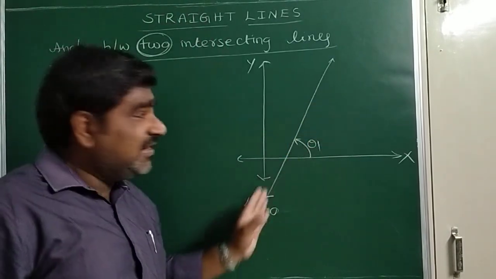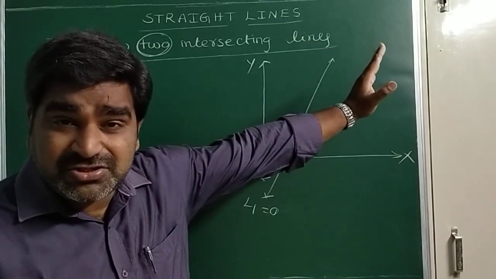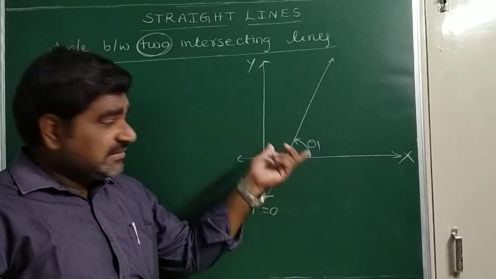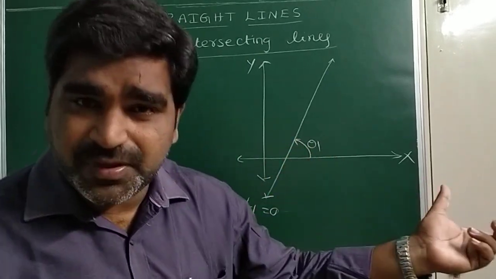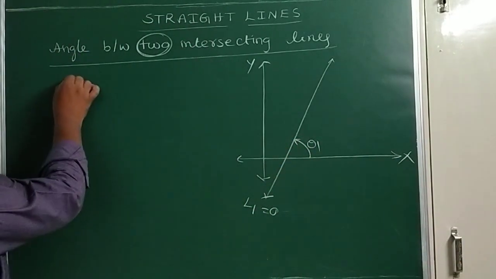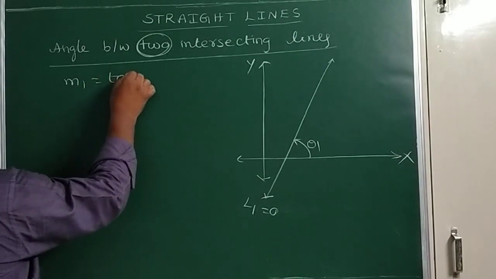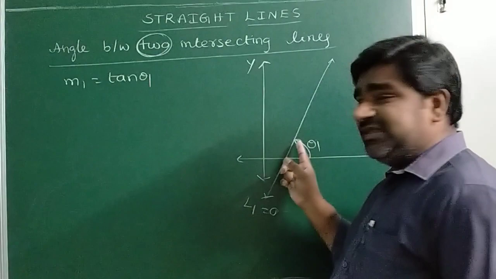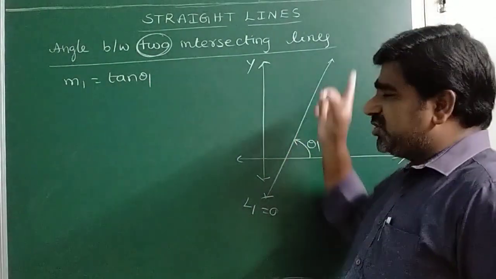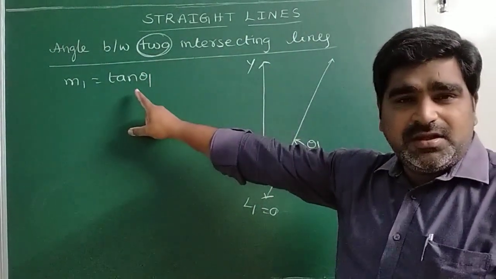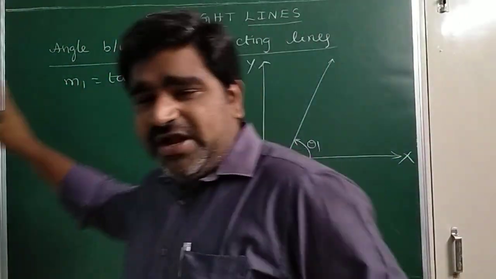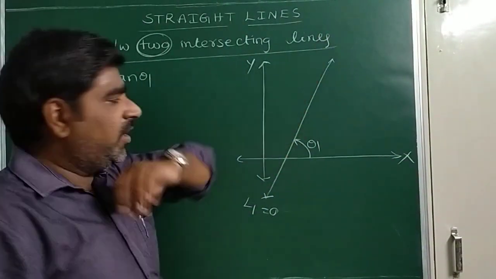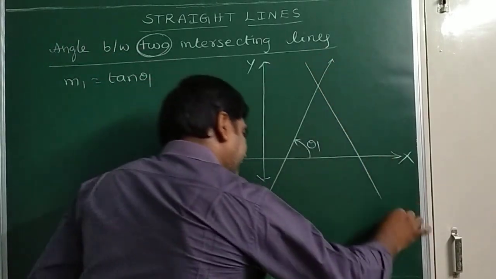If theta 1 is the inclination of this line L1 equals 0, then the slope of this line is tan theta 1, denoted by m1. So m1 equals tan theta 1. What is m1? The slope of the first line. Let us take the second line like this.